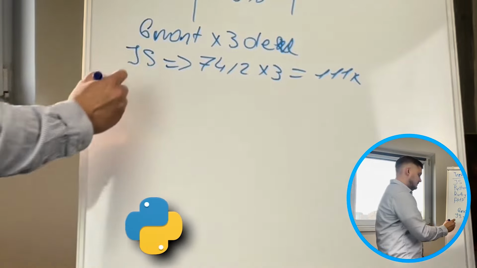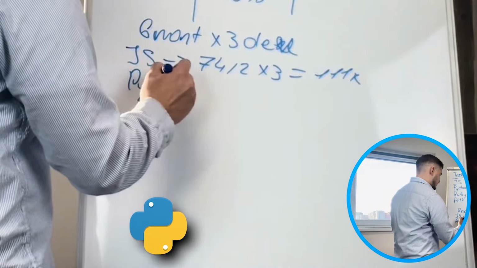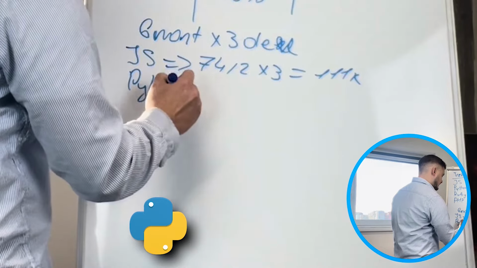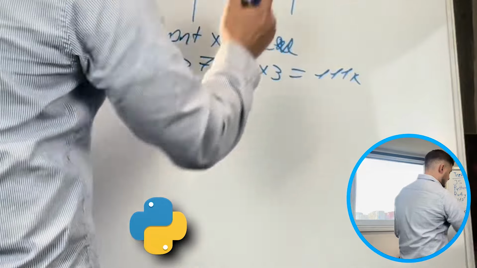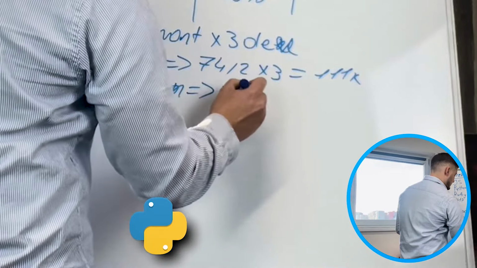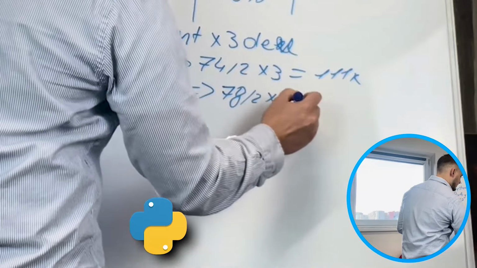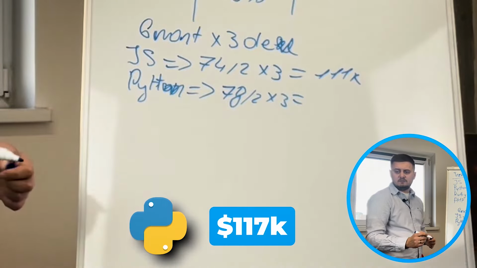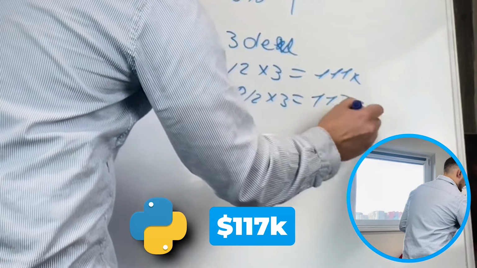Then let's take Python, the same math, and it's going to be 78,000 here. Divide by 2, which is 6 months, multiply by 3, and it's equal to 117.